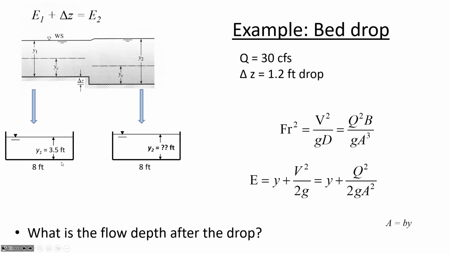Because of that, the flow at 1 is subcritical. So either one of these establishes the flow regime before, when conditions were steady and uniform at location 1: it was subcritical.